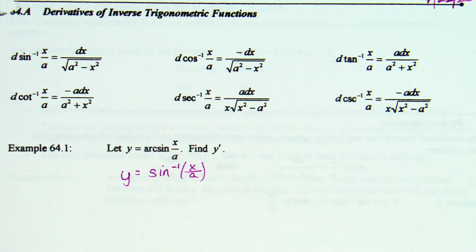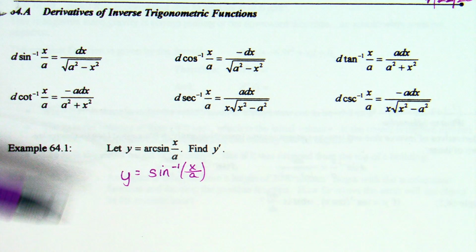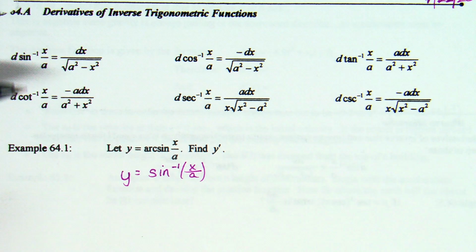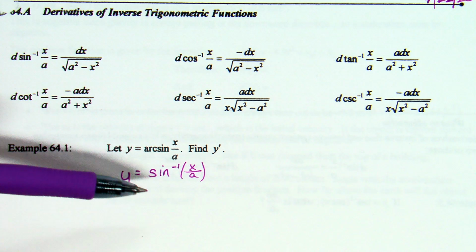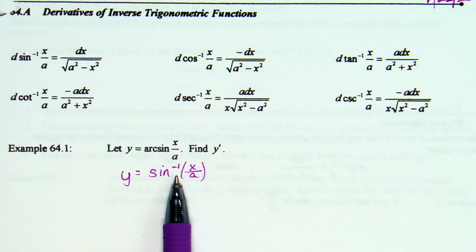Now, my job is to find y prime. Ignoring this up here, do we know the derivative of sine inverse? No, and it's not at all like taking the derivative of sine as cosine. Totally different. So what we're going to do, as I said, is try and figure it out. First of all, what do you know about an inverse?